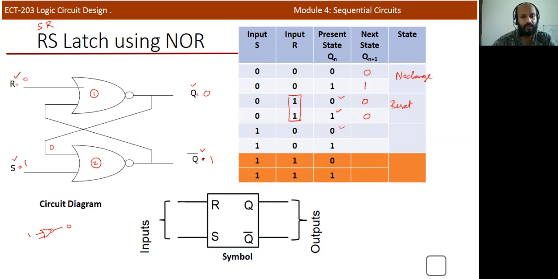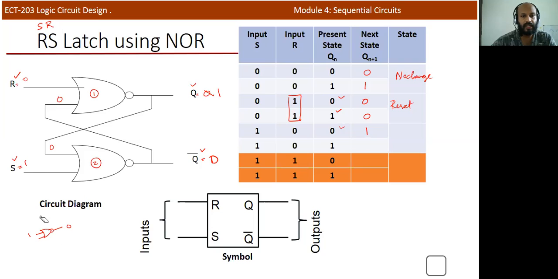So 0, 1. Definitely any one of the inputs is 1, so the output will change. So here Q bar is equal to 0. And if Q bar is equal to 0, it is propagated to the first NOR gate. Both inputs are 0, 0, so this 0 will change to 1.